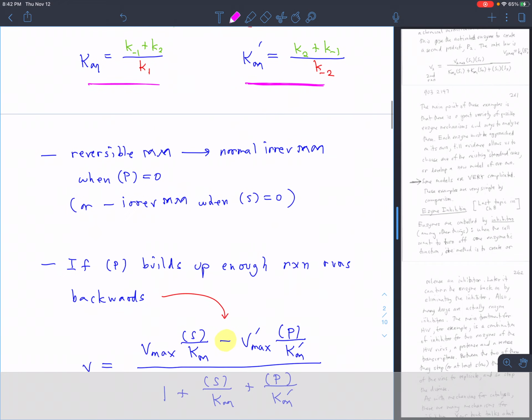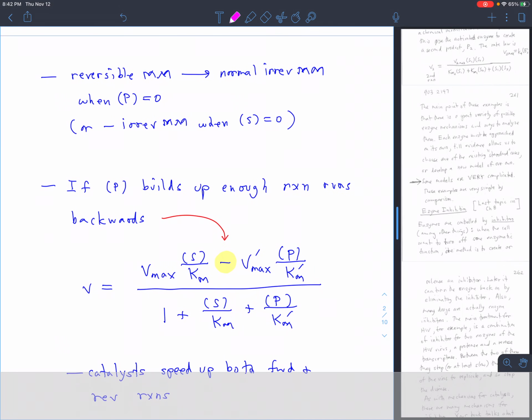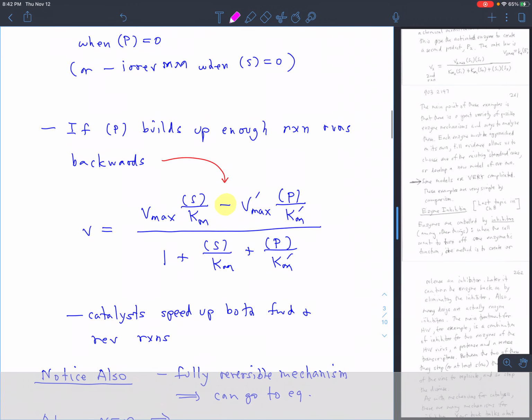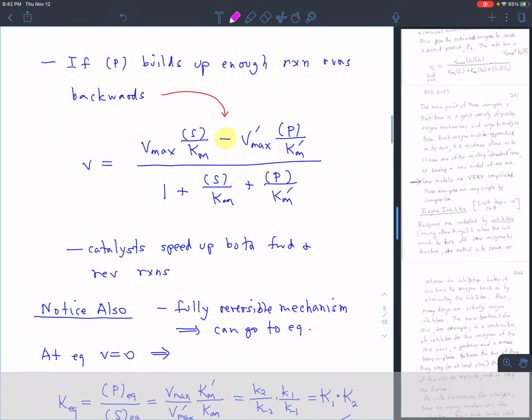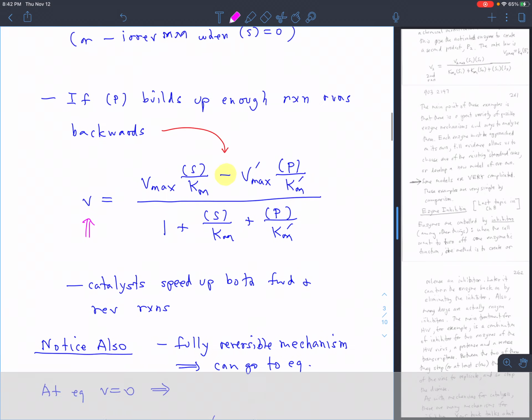Also, for this reaction, if you wait long enough, or if you're under the right conditions so that the velocity goes to zero, you can go to equilibrium, and in that case, this mechanism should give us the equilibrium constant for the overall reaction, right?